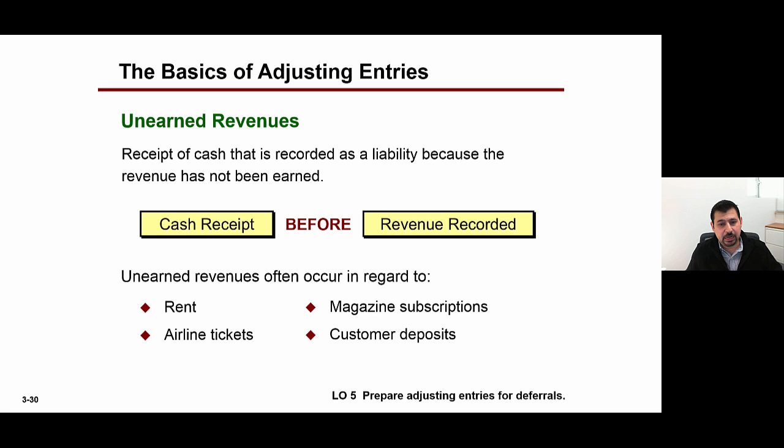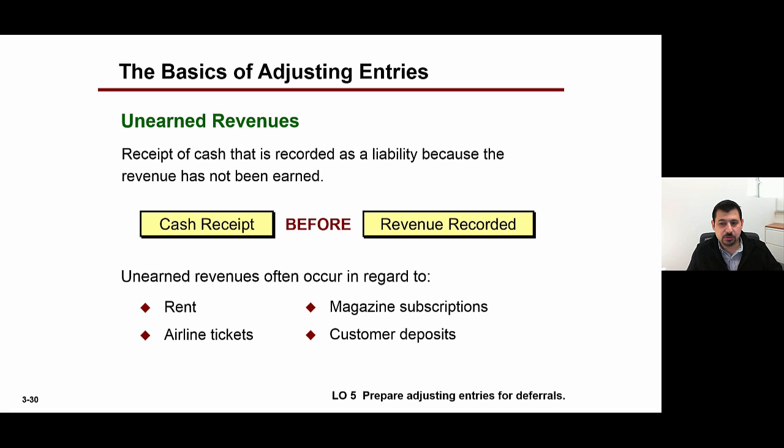And this is why now there's a new obligation that the company has to satisfy. Basically they have this performance obligation. They need to perform a certain service or provide a certain product. In the case of magazines, they have to deliver 12 volumes to the client.